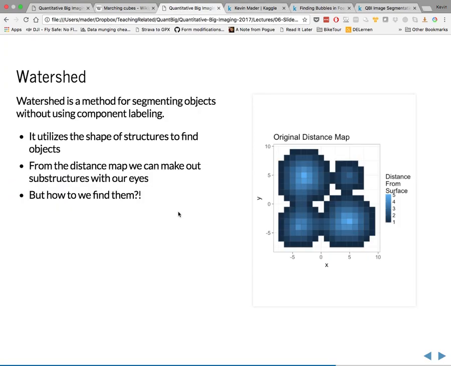But if you have a mixture of larger and smaller objects, that can be very tricky. Because now, this object isn't quite 3 away from the surface. And if this point is the same distance as there, then you can't find a threshold that will divide these 2 bubbles, that won't completely delete that bubble.